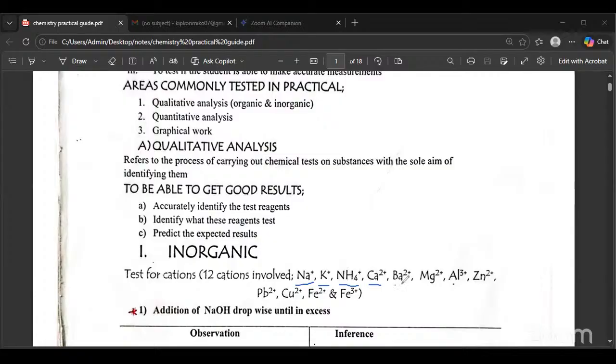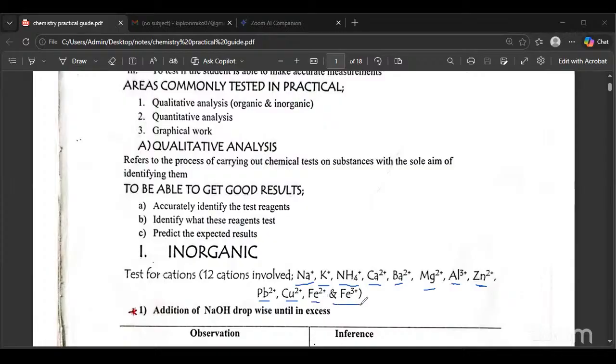So calcium, barium, magnesium, those are the 2. Aluminium is 3. And then the other ones remain as 2, excluding iron 3. So we have zinc ions, lead ions, copper ions, iron 2 ions, and iron 3 ions.